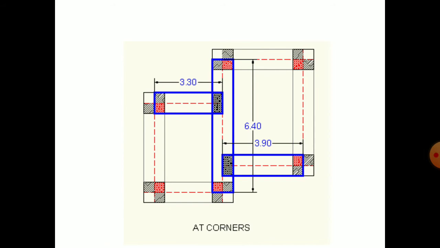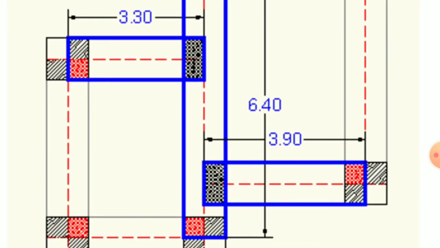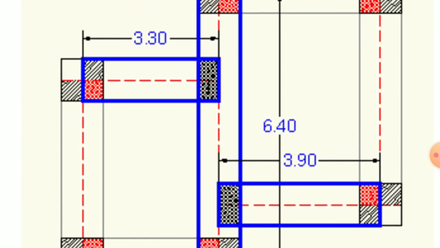But at the junctions, the shaded portion here at the junction, you can see that area is considered twice, while considering the wall in the x direction and the wall in the y direction. So this shaded portion at the T junction has to be deducted, which is half the width of the footing.